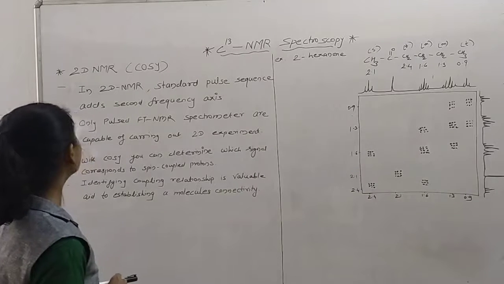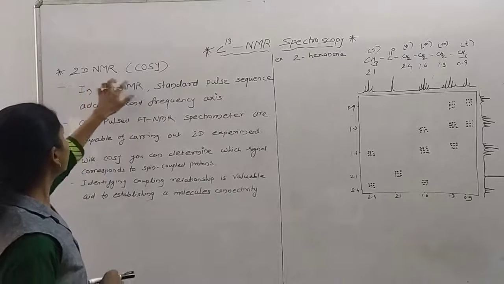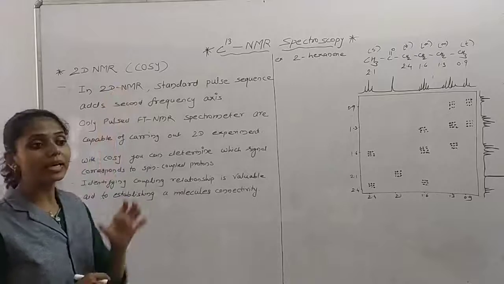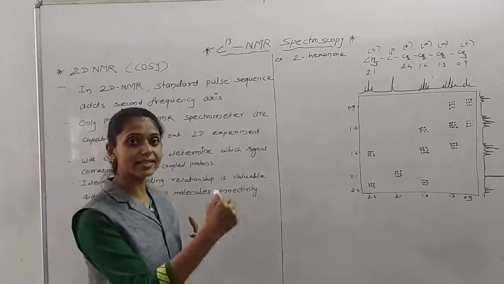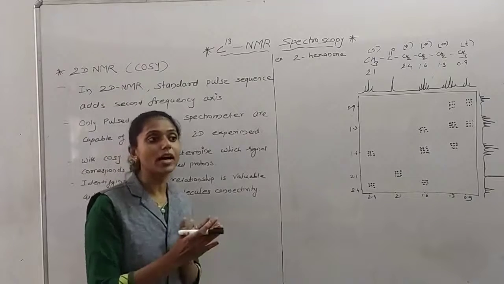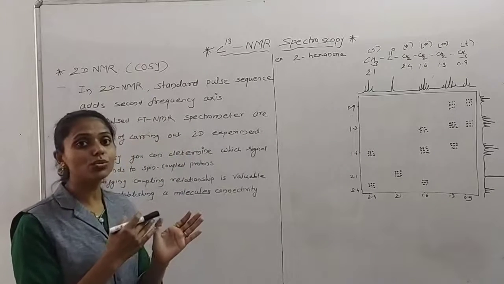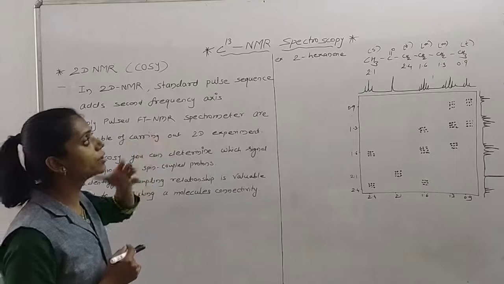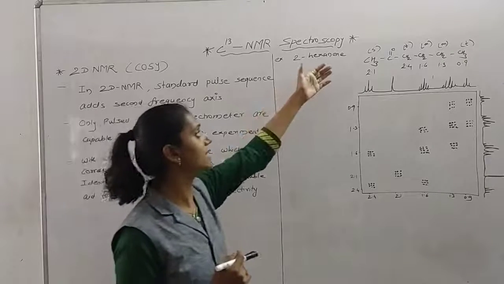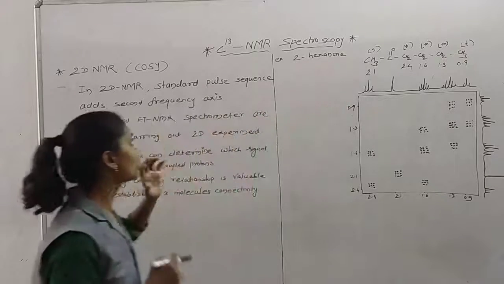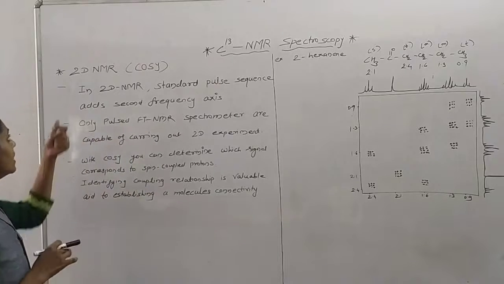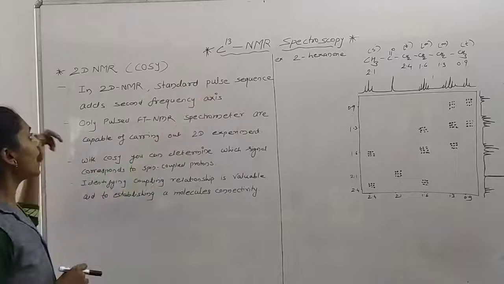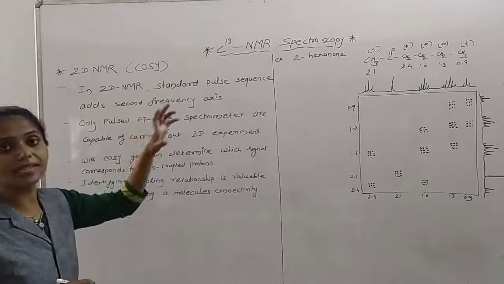Now, in correlated spectroscopy, when I said that it is a two-dimensional NMR spectroscopy, that means it has an x-axis and y-axis, so it's very easy to know the relationship between the different types of protons, or we say carbon atoms. What is the relation between them? Here in 2D NMR, the standard pulse sequence adds a second frequency axis.